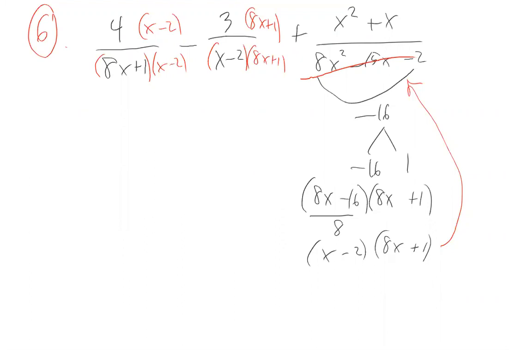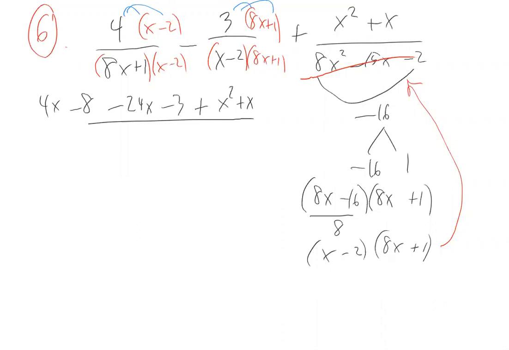So I can distribute, distribute, distribute, distribute. I will have 4x minus 8, and then -3 times 8 is -24x minus 3 plus x squared plus x. It'll all be over the same denominator, which is 8x plus 1 times x minus 2.